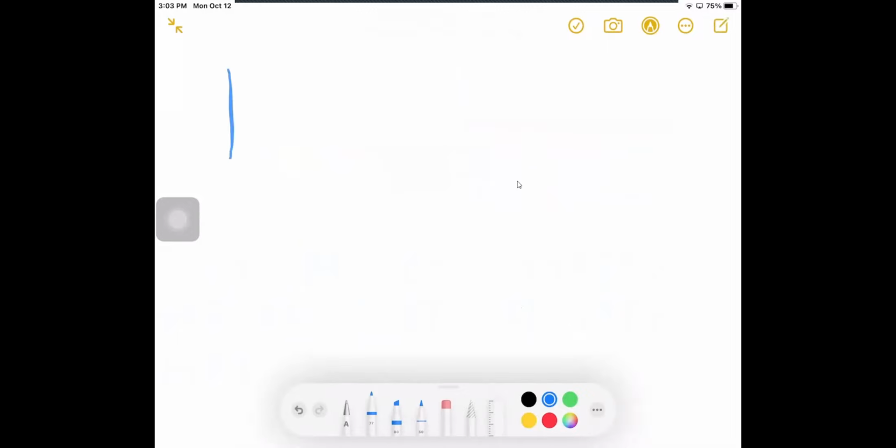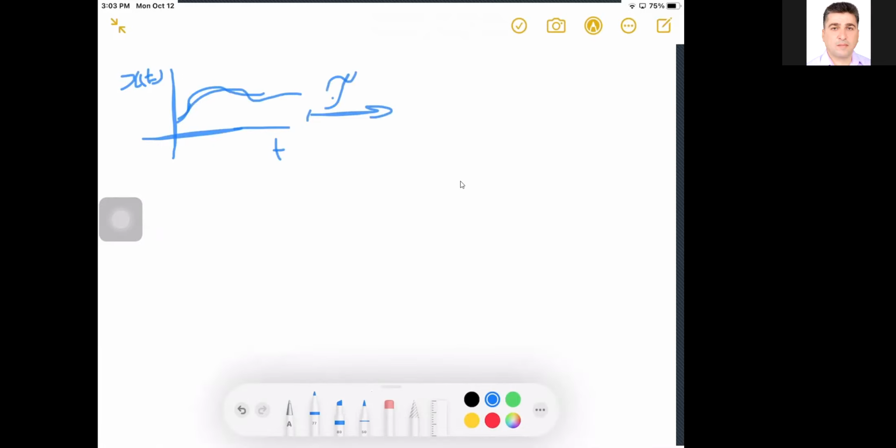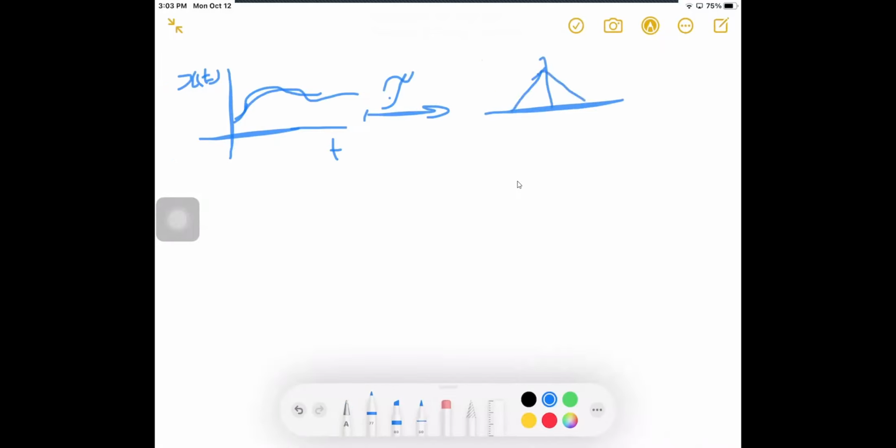So the Fourier transform for x of t, which is in the time domain, will be approximated as a triangle function, just for explanation, no more, no less. But you have to keep something in mind again.